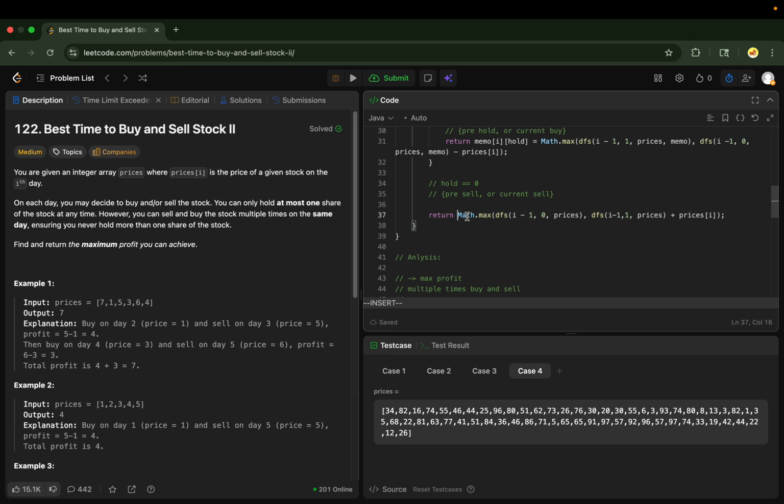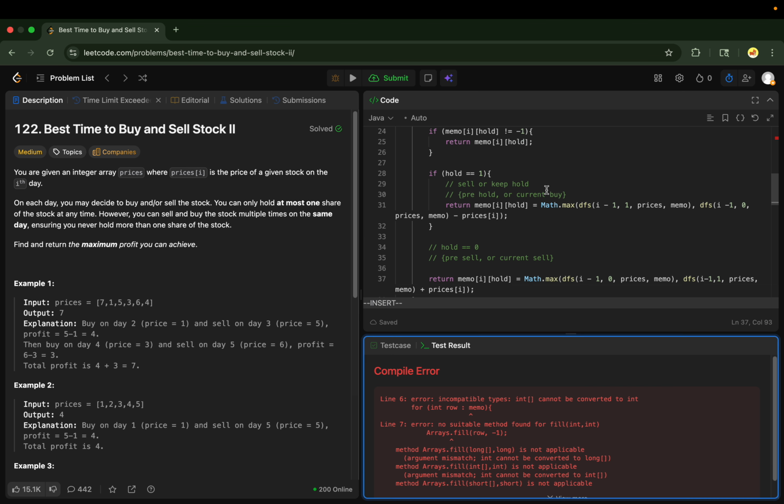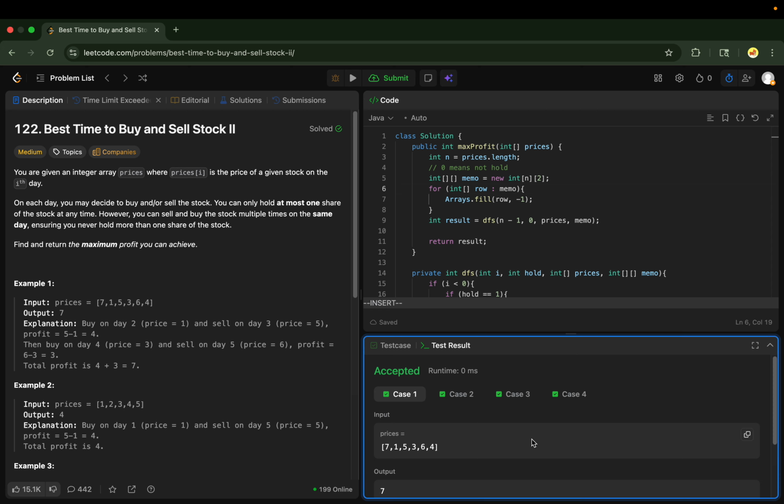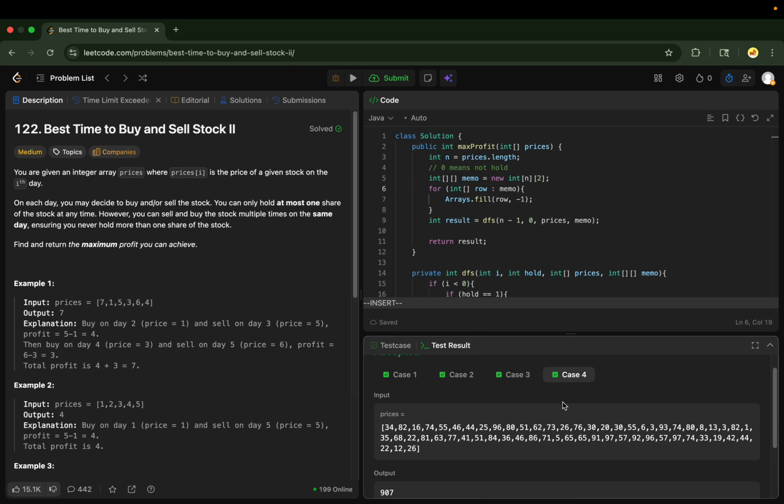The same situation here. You can see this test case passes.